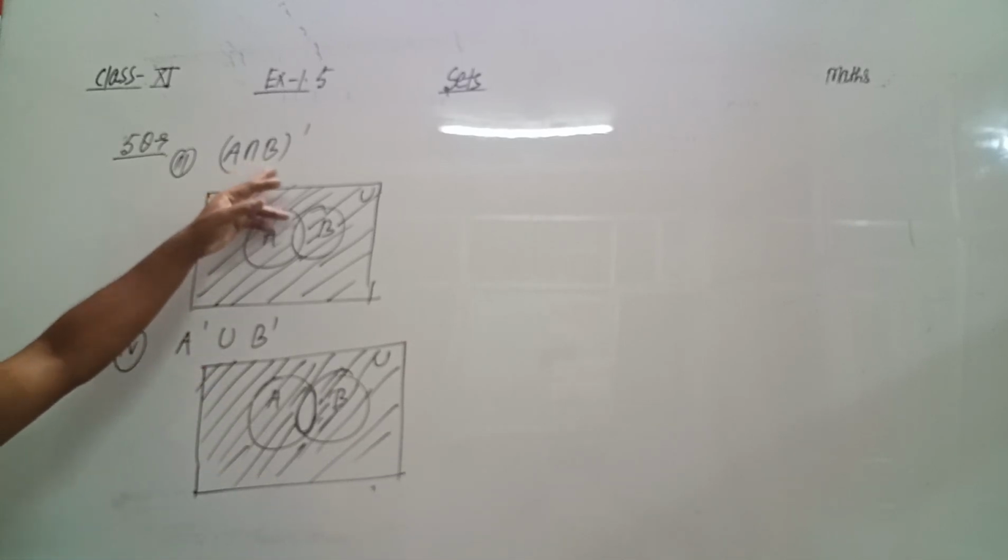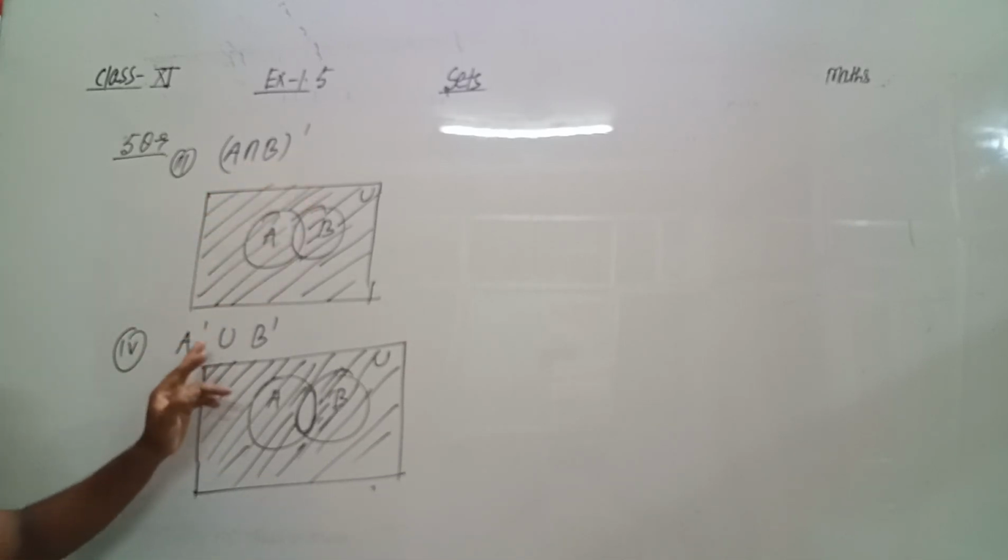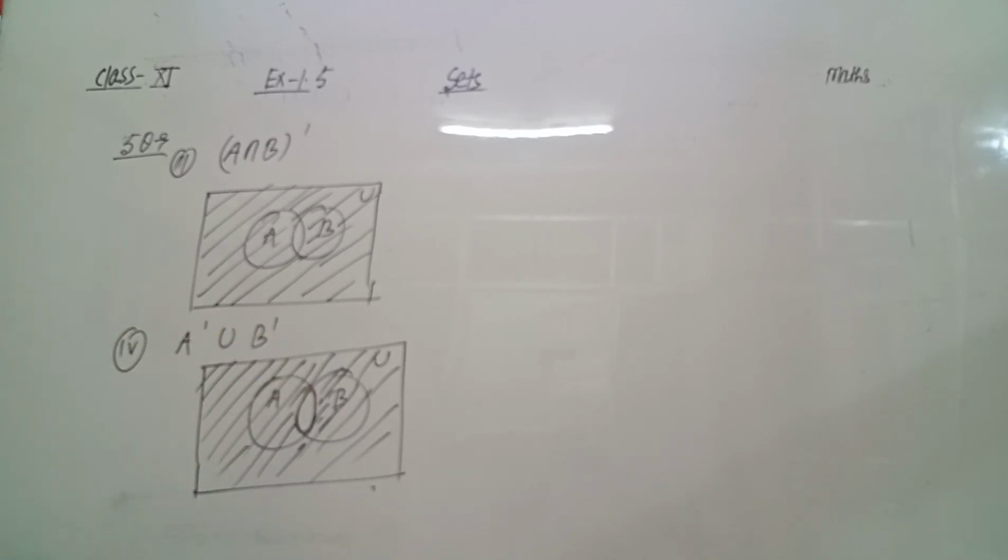It means A intersection B dash equals A dash union B dash. Already we have verified this in the previous question.